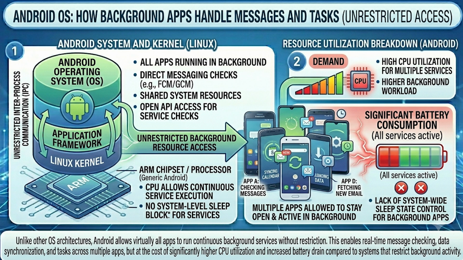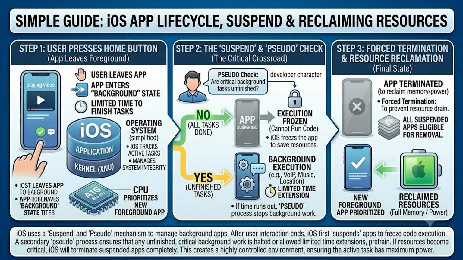Android's solution is sophisticated memory management that automatically kills processes when it needs more resources. But this can sometimes lead to apps being killed too aggressively, forcing them to restart when you switch back. iOS takes a completely different approach. It uses what's called a pseudo background system.